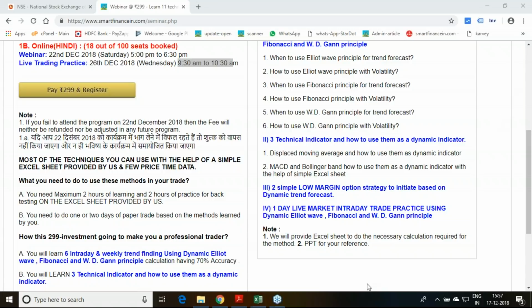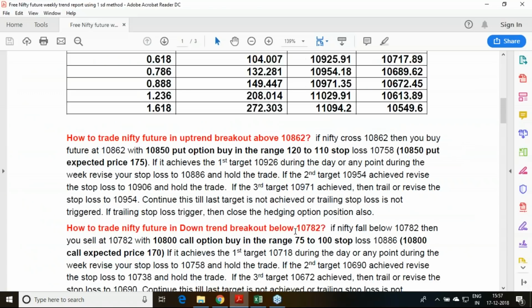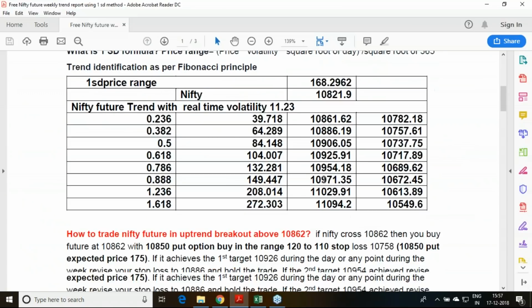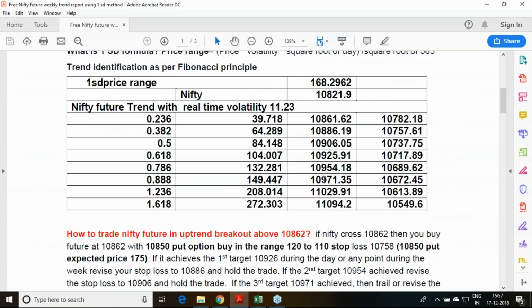You need to understand only some valid, easy concepts, and a concept which delivers in the real market can make you successful. No one's tips, no one's advice, or no one's help is the solution to your success. Here I have demonstrated the success of one standard deviation in trend forecast. Why today has it made 10,924?